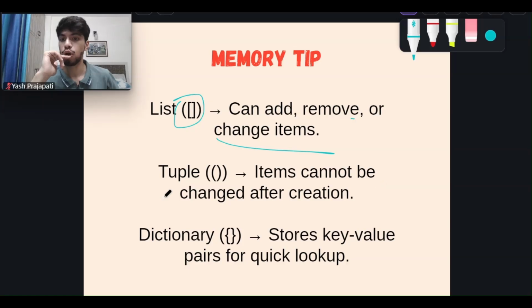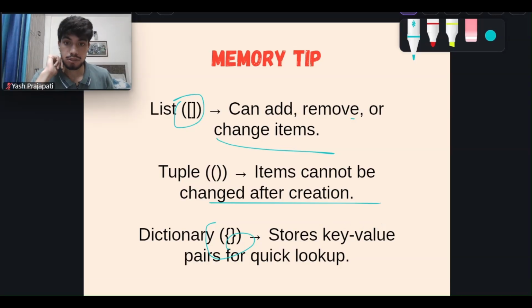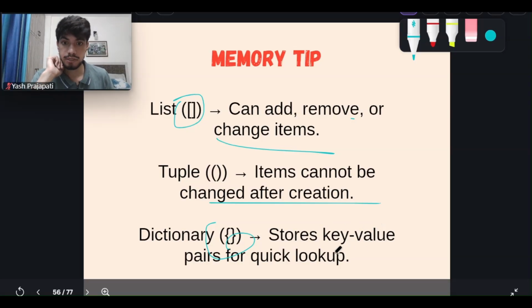An item cannot be changed after creation; it is immutable. Now dictionaries are used inside curly braces. So here data is stored in key-value pairs, and for quick lookup we can use dictionaries. Now we can do some questions about that.